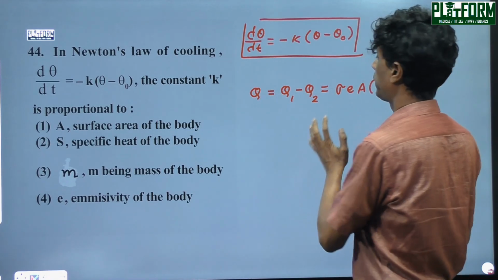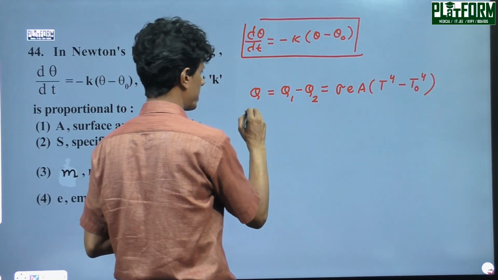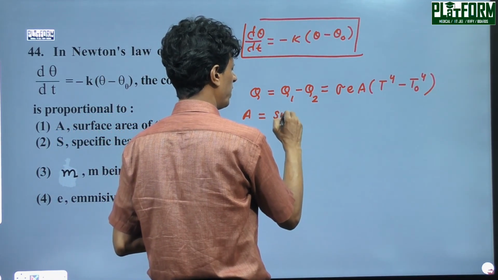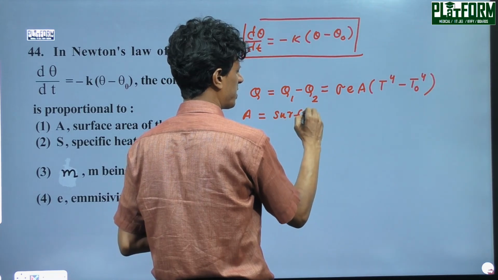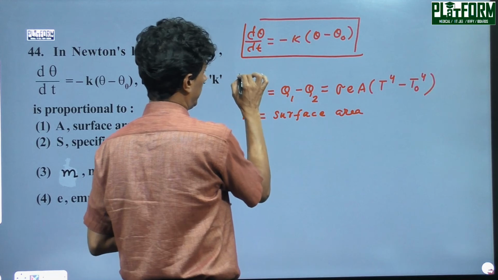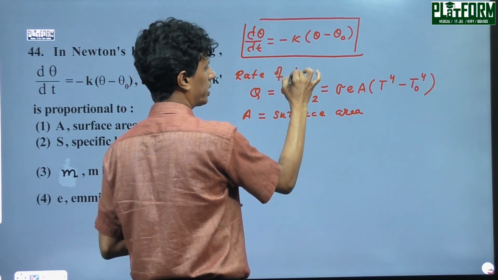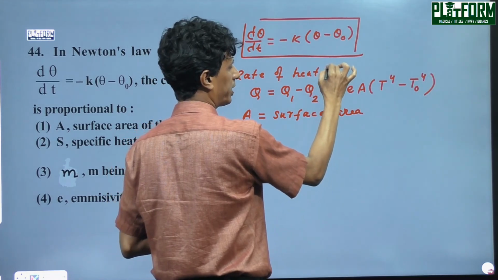So this is the net heat radiated by a body. Here A is the surface area of the body, and it is the rate of heat radiation.